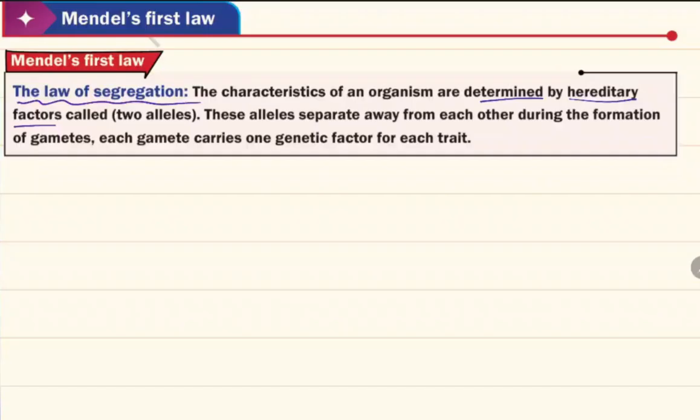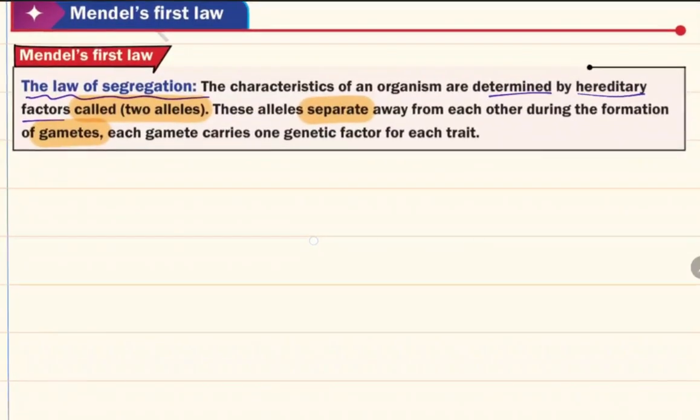It means there is something inside of the organism which determines its characteristics. Mendel called them alleles. And the alleles are the forms of the genes. These alleles separate away during the formation of gametes, and they rejoin again during fertilization. Each gamete carries one genetic factor for each trait.